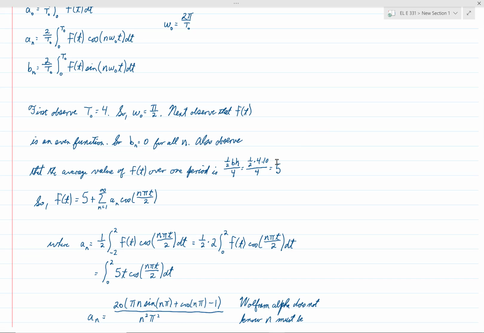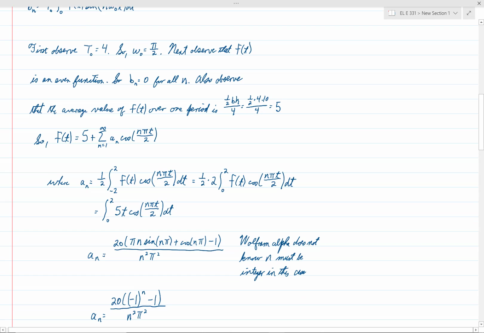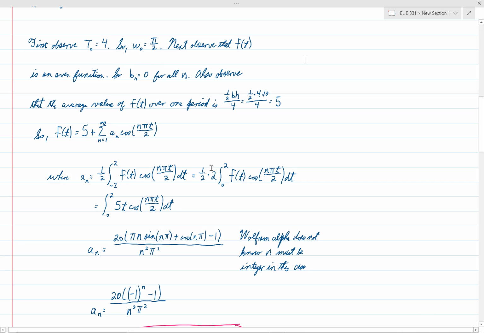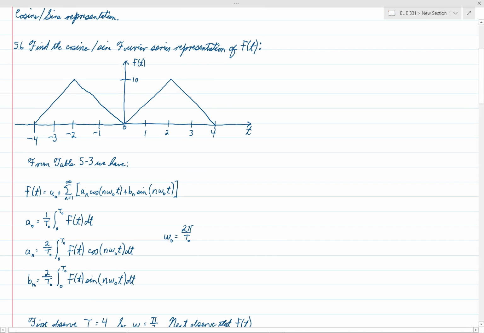Okay, so anyway, we have this expression for f of t, and as we argued here, we can get by with just integrating from 0 to 2, and now finally, the 1/2 times 2 gives us 1 out front, but finally now we have to figure out what f of t is in this region from 0 to 2, and that's really pretty easy.